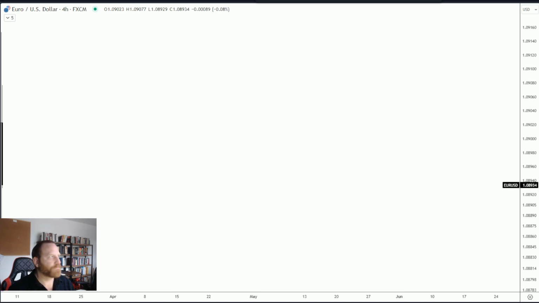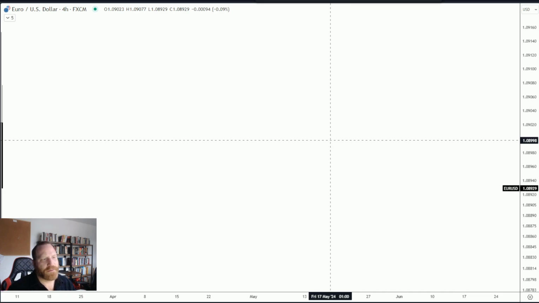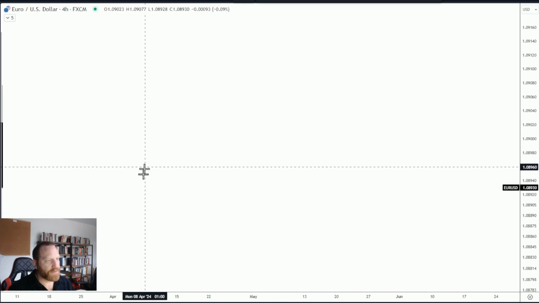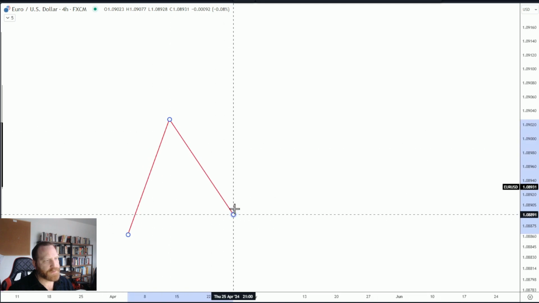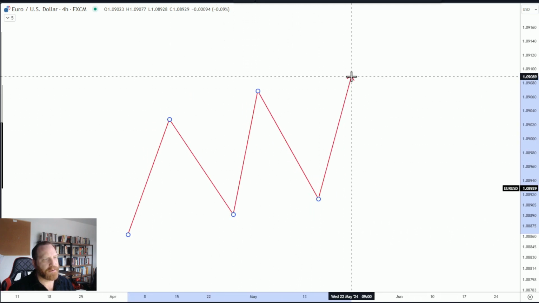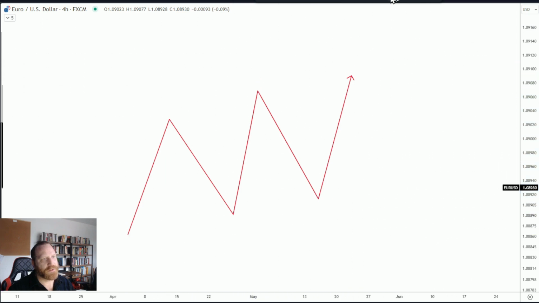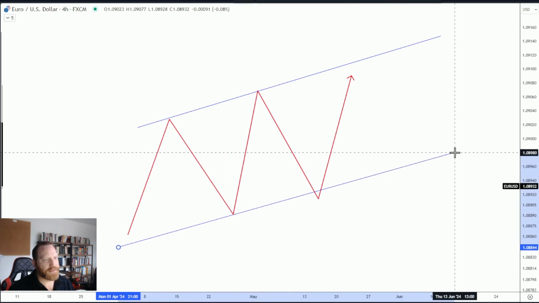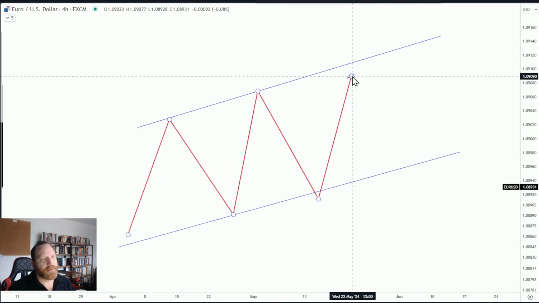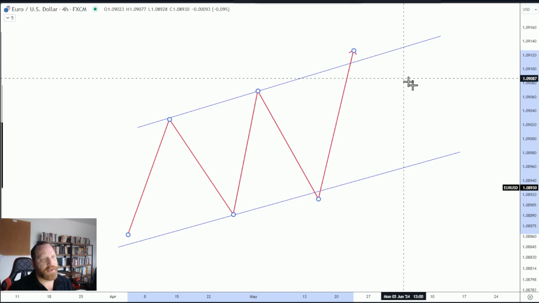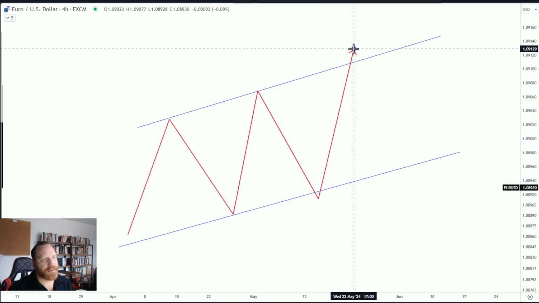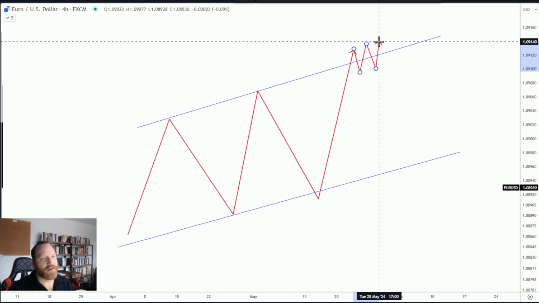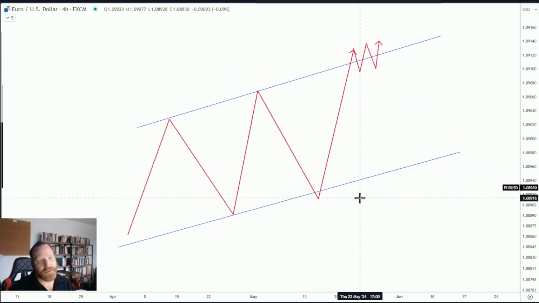So let's get started. The first pattern that I want to talk about is a break of structure followed by accumulation. And what I mean by that is that sometimes you will see a structure that makes higher highs and higher lows, and then from there you can trace some type of channel, and sometimes it will break out of that and start to make a lot of moves around the resistance, and this can be reversed as well.